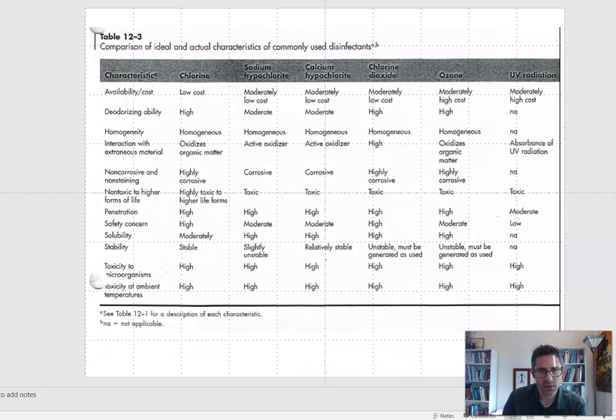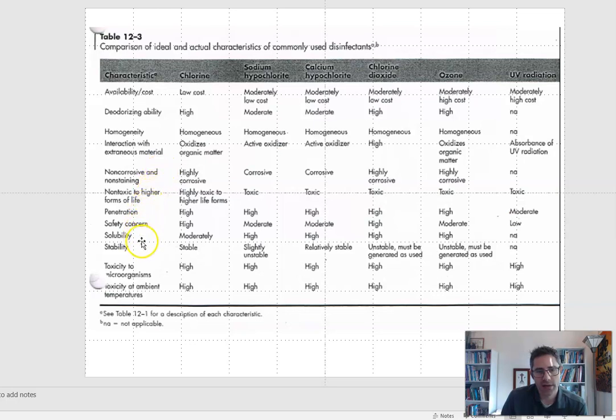And then this is a similar table from the wastewater literature. So again, looking at the different disinfectants across the top, different characteristics of them down the side. So chlorine is low cost, whereas some of these others are higher cost.